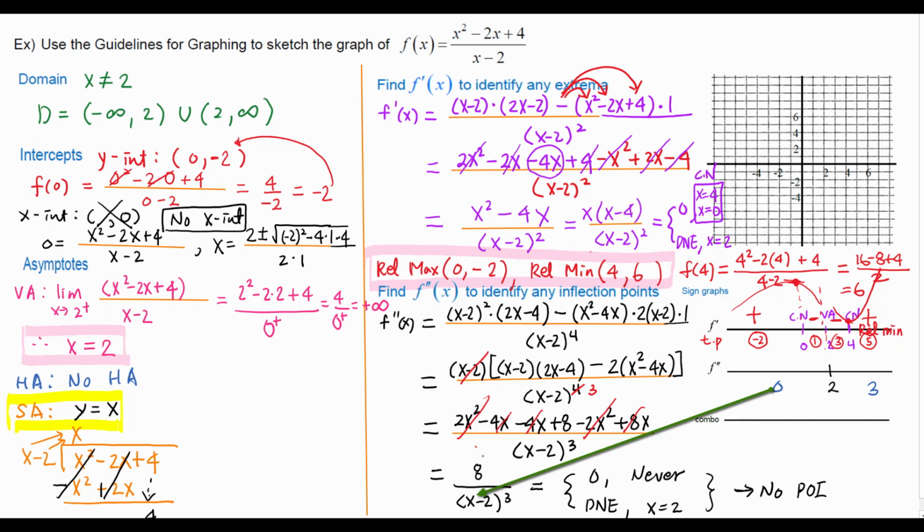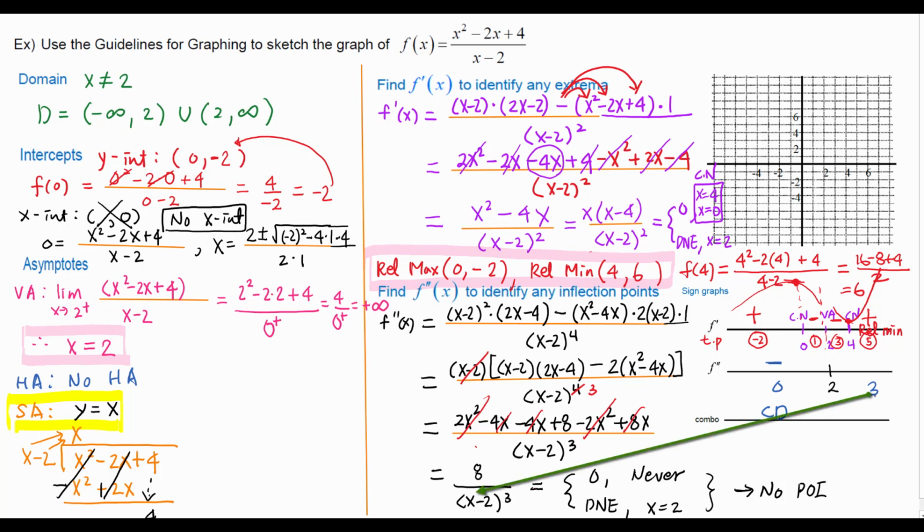Plug it into the last step of your f double prime. That will be positive over quantity 0 minus 2 cubed, which is a negative number cubed, which is negative. So you got positive over negative, which is negative. So this is negative, which means f is concave down from negative infinity to 2.